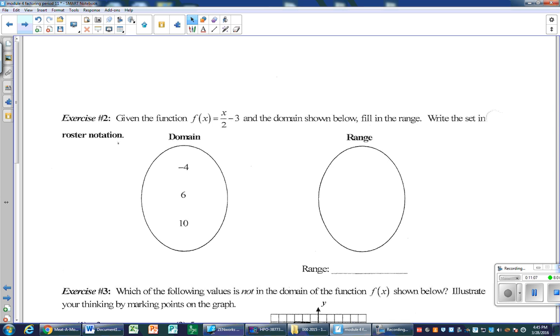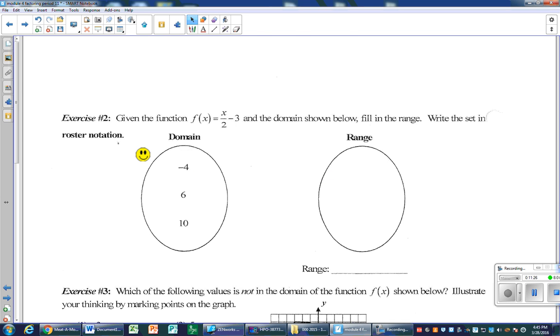You can see diagrams like this. Given the function f of x, the function evaluated at x equals x divided by 2 minus 3. Here's the domain. What is the range?